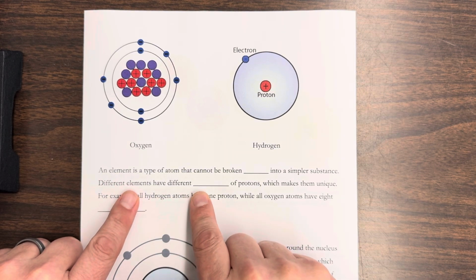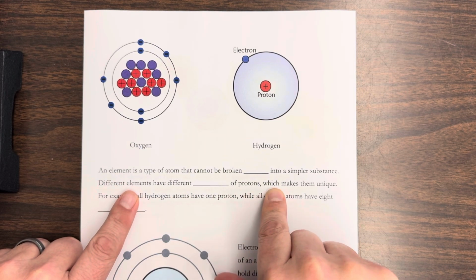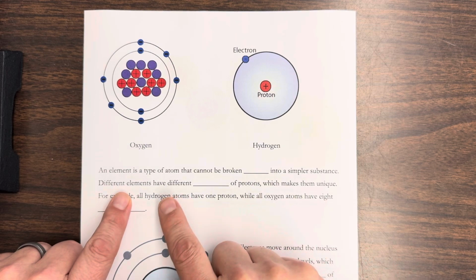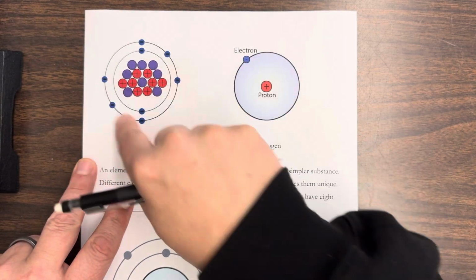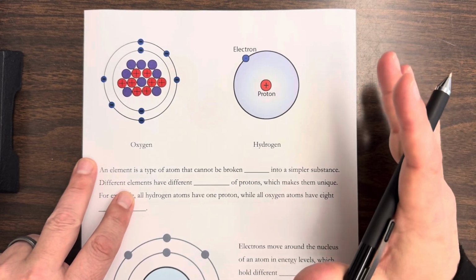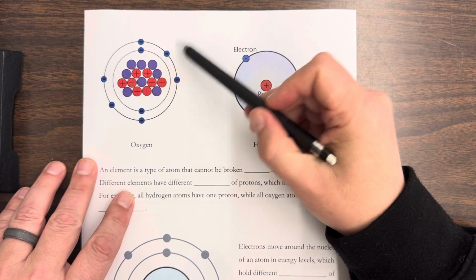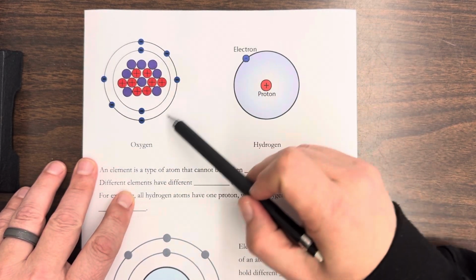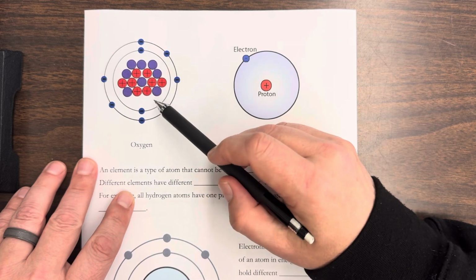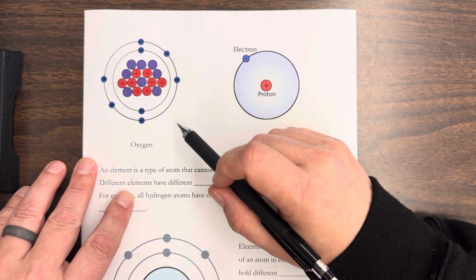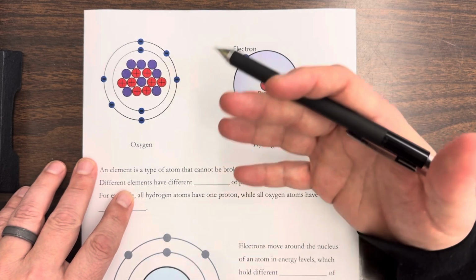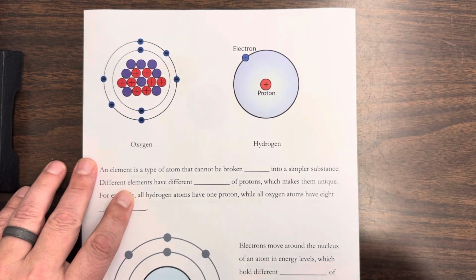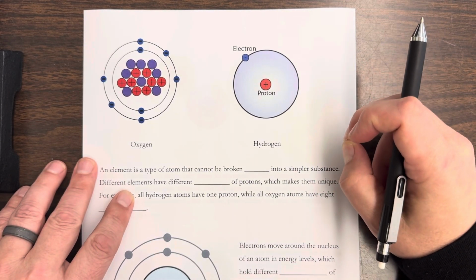Different elements have different numbers of protons, which make them unique. So when we say this can't be broken down, we're not talking about the subatomic particles, right? We're not talking about taking an electron out or a proton out. We just mean this is the basic unit. Anything smaller than that is subatomic, and not part of that basic unit of an atom that we talked about, or not something that's a building block.